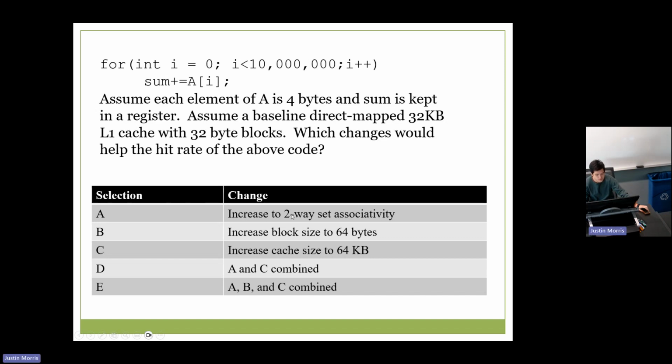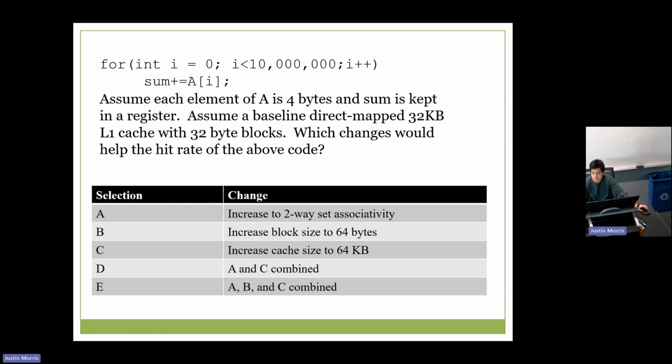So increase to two-way set associativity. Is this going to help me or not? No. Why? Because they're not fighting for memory locations, it's just a sequential access.